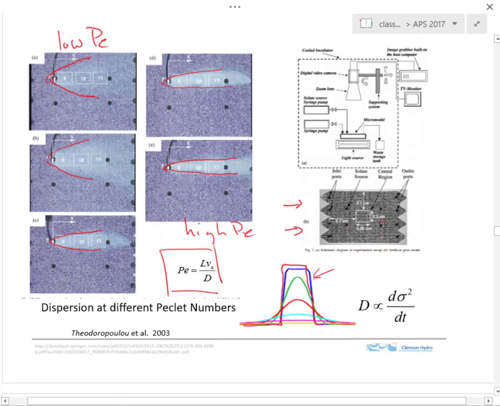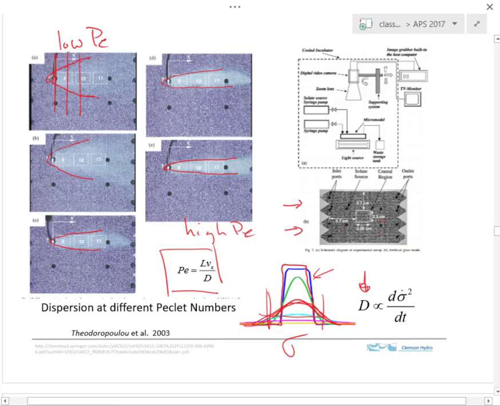As we move downstream, it spreads out like I show here. And the width of the plume, we can think of that as sigma. What these guys showed experimentally is that the dispersion is proportional to the rate of change of the width of the plume squared with time.